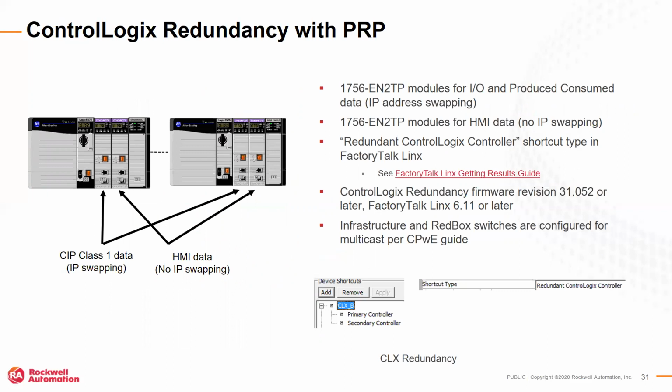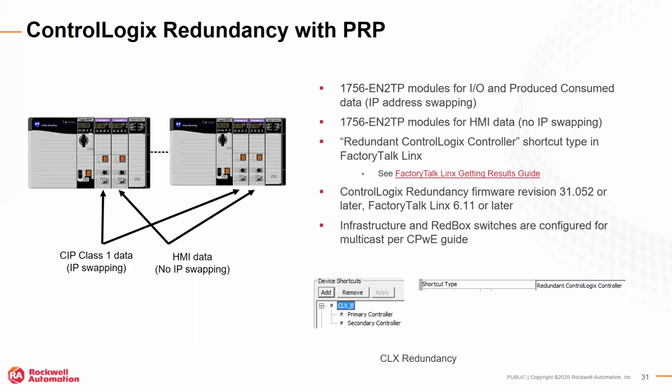We'll talk for a minute about ControlLogix redundancy with PRP, specifically related to the controllers, using the EN2TP module, which was the initial PRP compliant module available in the ControlLogix platform.